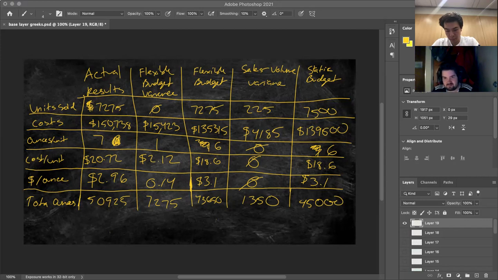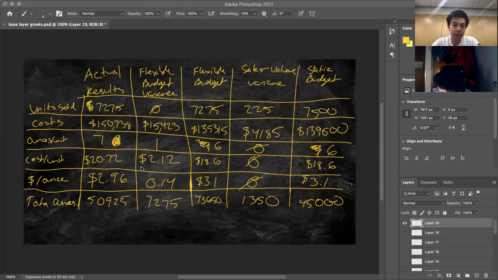Okay, I'm back. All right, cool. So you found the sales volume variance, right? Did you find that yet? Yeah. And then what other variances have you solved for? So the sales volume variance was the 4,185. I have to do the flexible budget variance now.